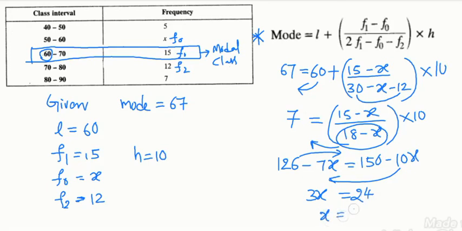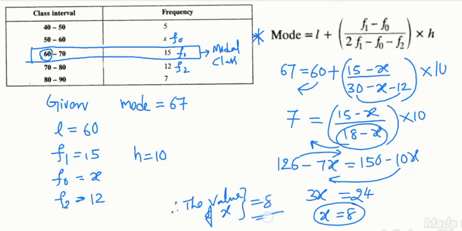So x will be 8. Therefore the unknown value of x is equal to 8. That completes our problem. Very easy problem asked for 3 marks. So I hope you understand these two problems.